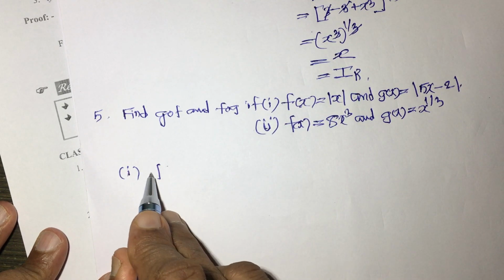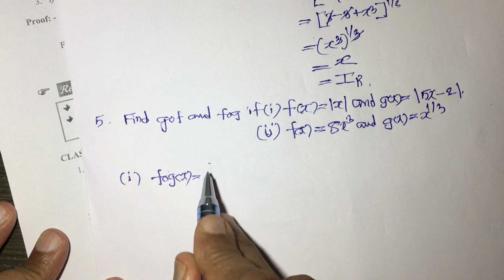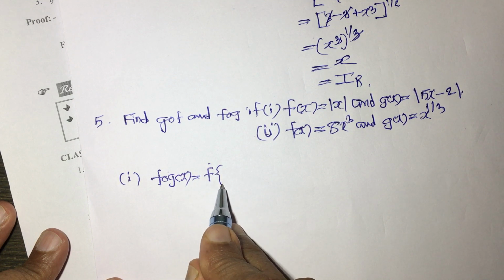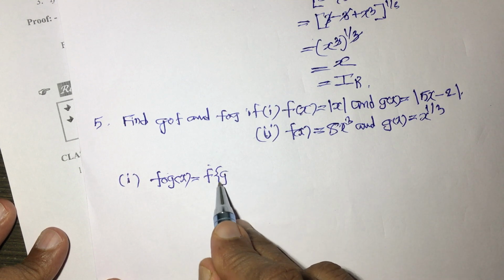So I write f composite g of x. So f, remove this O and put the flower bracket, g of x.